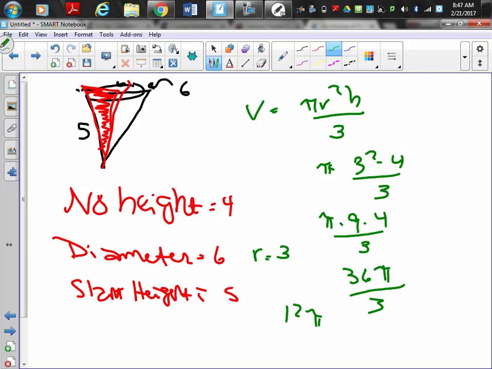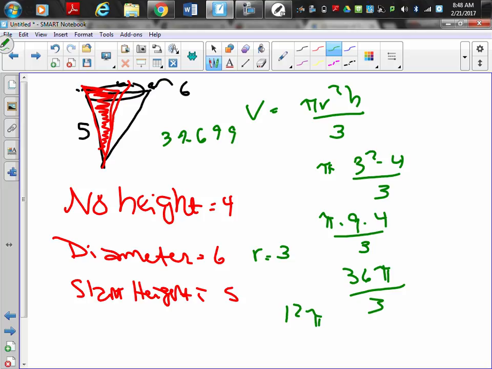And then you punch that in the calculator. It's not 3.14, it's the pi button. So let's see. So 12 pi. 37 point.